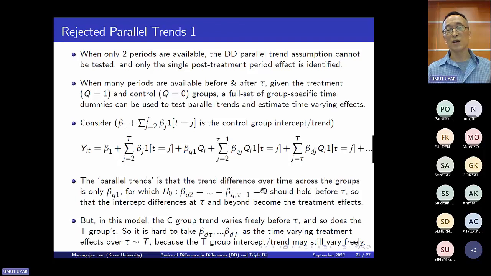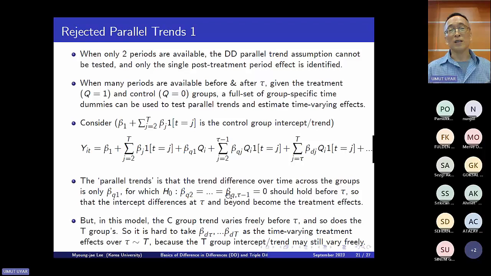It says that all these slopes are 0. If these are 0, treatment group trend differs from control group only by this constant. That's what parallel trend says. So you test this, and if this is accepted, you go ahead and you claim that this is the desired treatment effect.